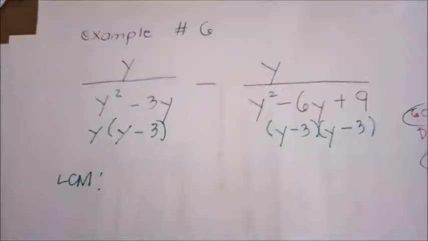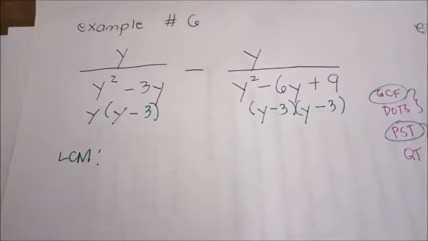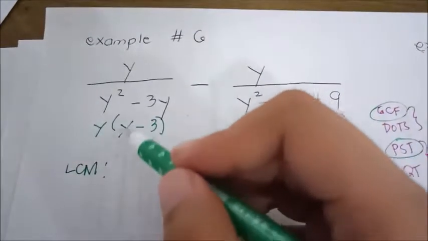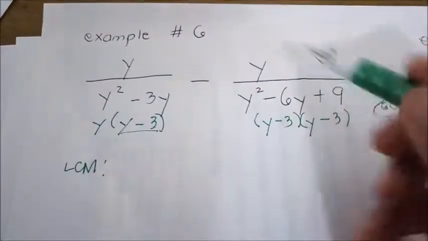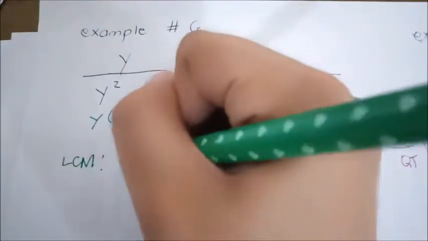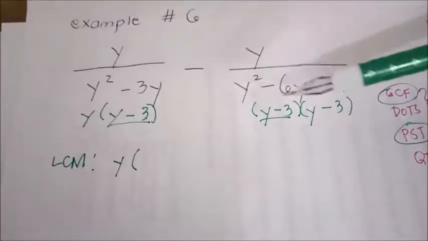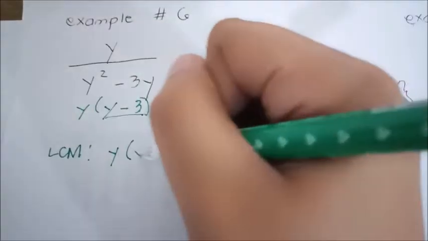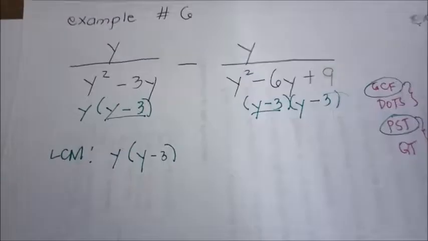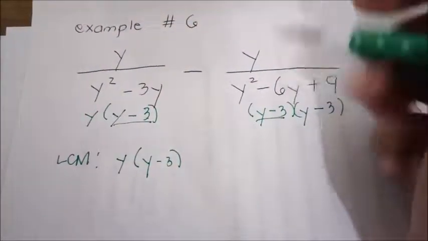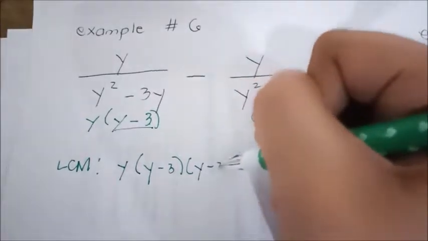Let us get the LCM. Okay. So, our LCM will be, sulat muna natin ang unique factors. Ito parehas, no? Parehas to. So, the unique factors will be y times isa pang unique factor which is y minus 3. Then, let us write the common factor which is y minus 3.